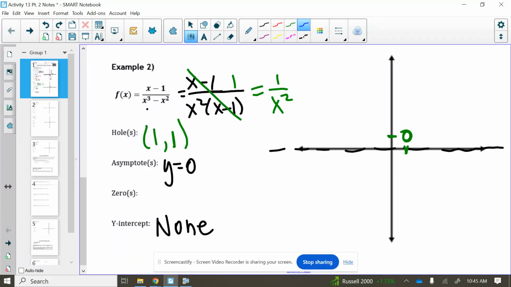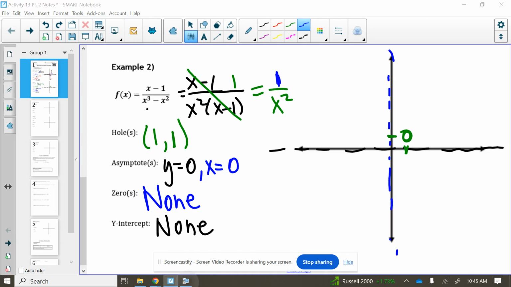We are also going to end up with a vertical asymptote at x equals 0 based on this information. And since the numerator is only equal to 1, there are no variables to set equal to 0, so there are not going to be any x-intercepts this time.